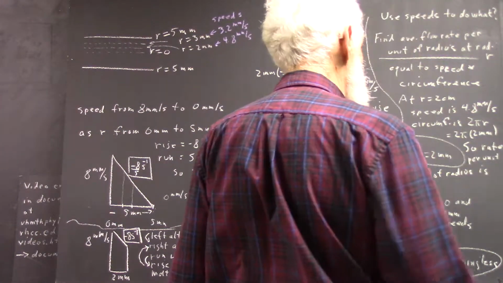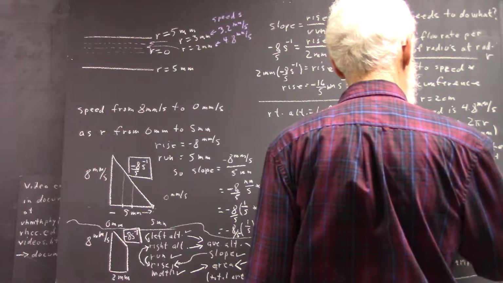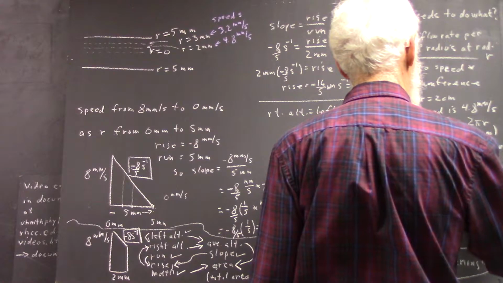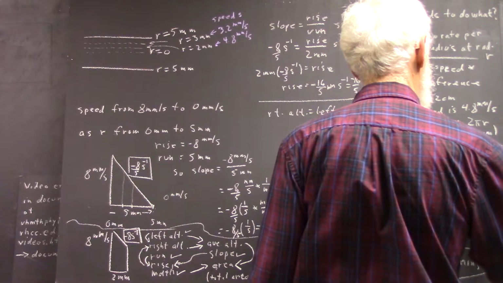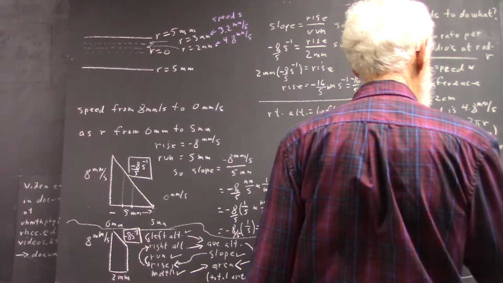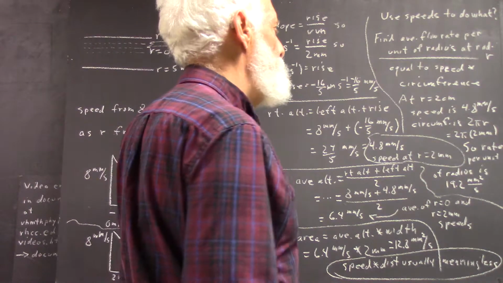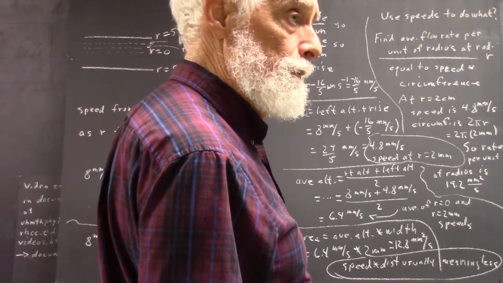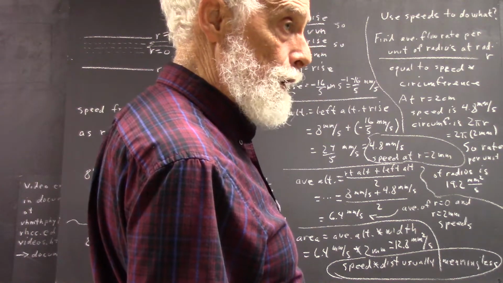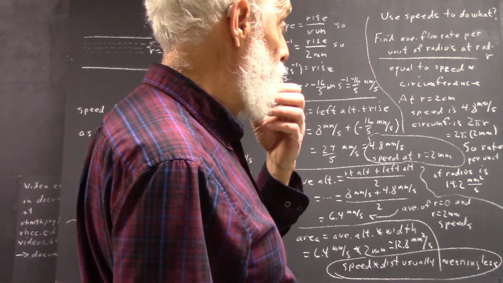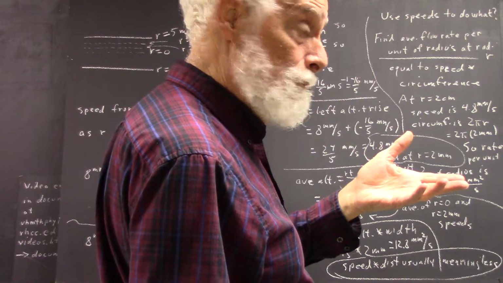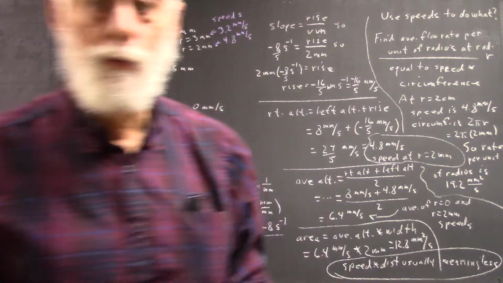I believe it gives you 19.2 millimeters squared per second. Okay? Make sense? Well, calculate the other one for R equals 3 and see what you get.